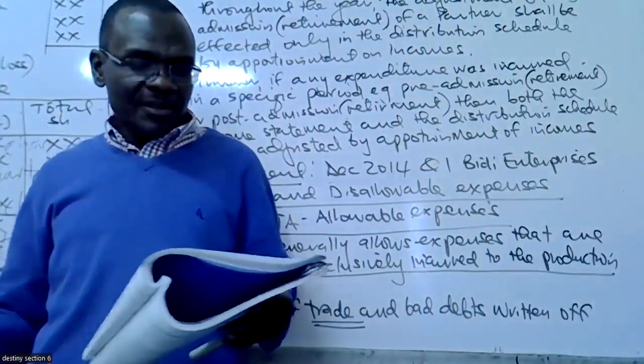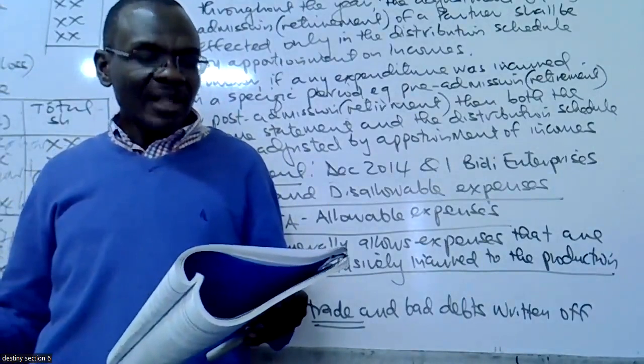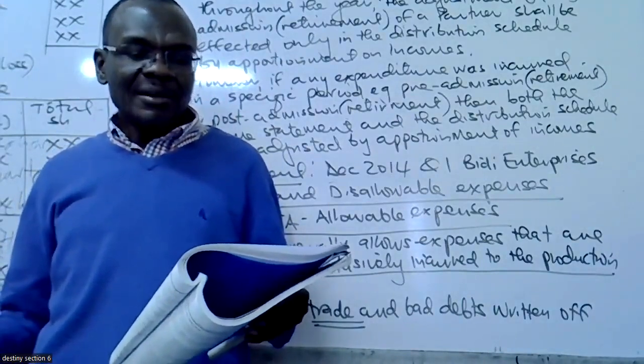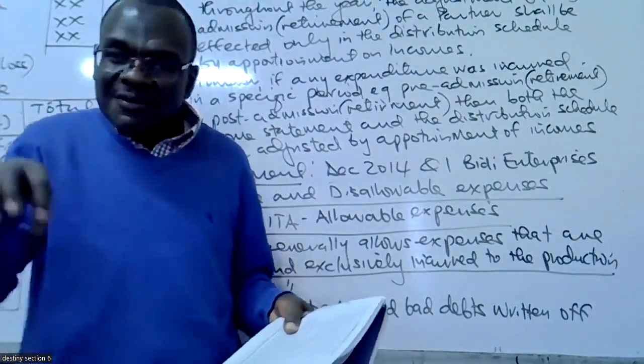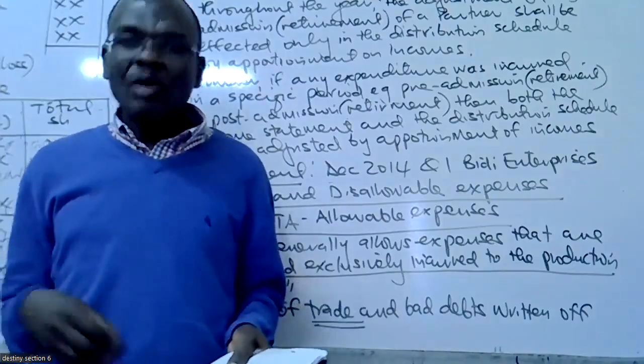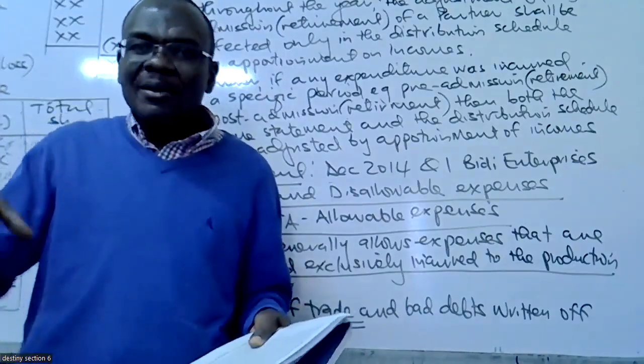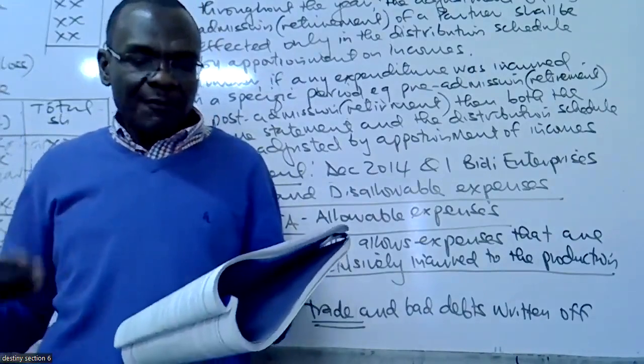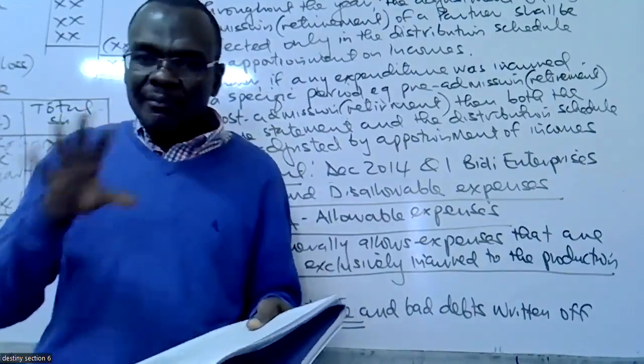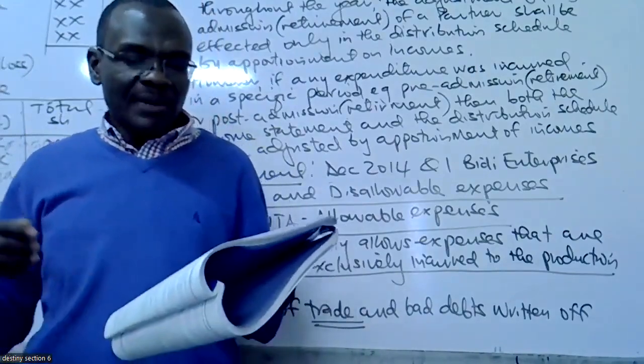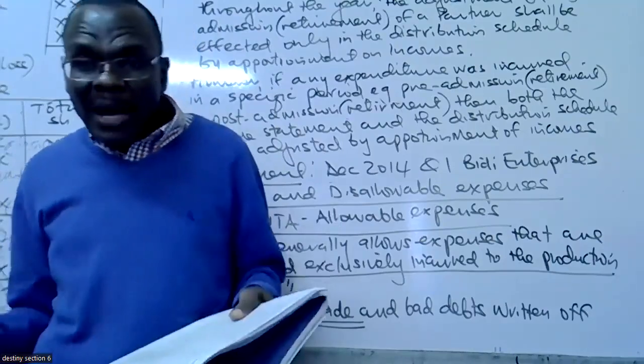We'll give examples of those, like the cost of cultivating a farmland, or the cost of applying fertilizers before harvesting. That's pre-trading. Before harvesting the crop would be allowable in case of a farmer.